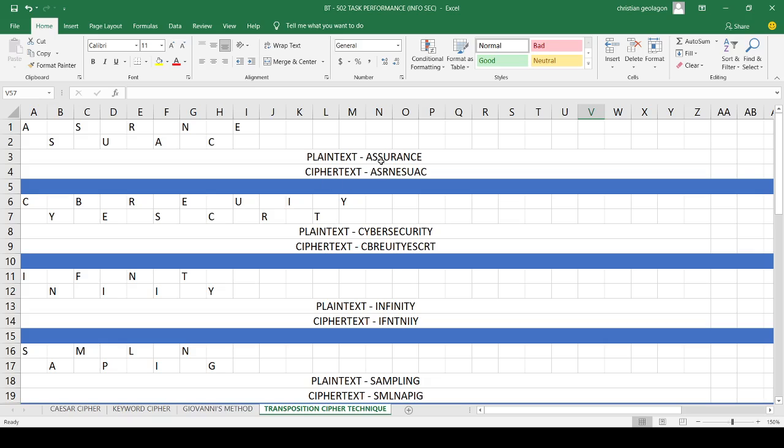We need to type the plain text in zigzag form, ASSURANCE. Then for the ciphertext, we type it straight: ASRNE AUAC.